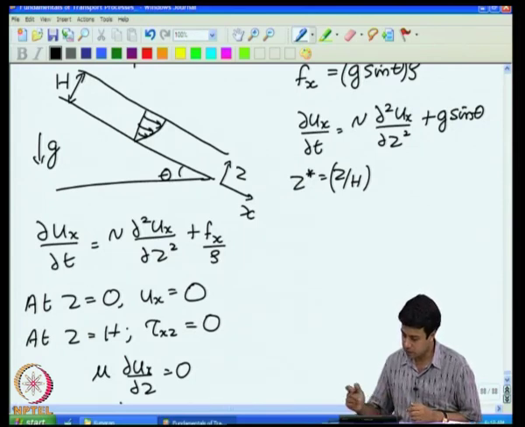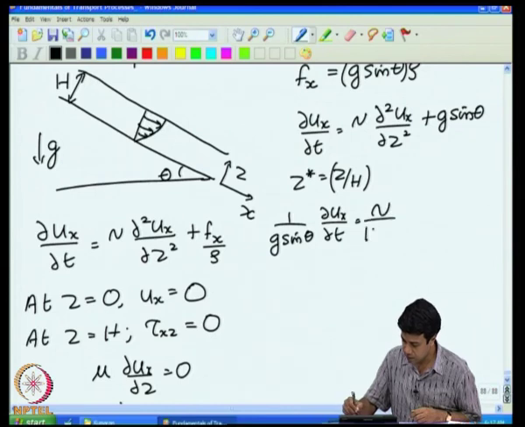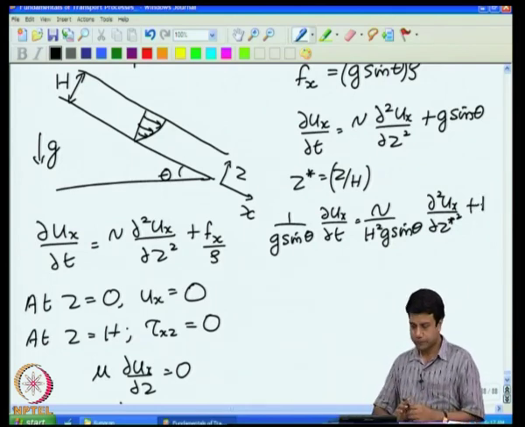So, if I divide throughout by g sine theta, I will get 1 by g sine theta partial ux by partial t is equal to nu by h square g sine theta partial square ux by partial z star square plus 1.